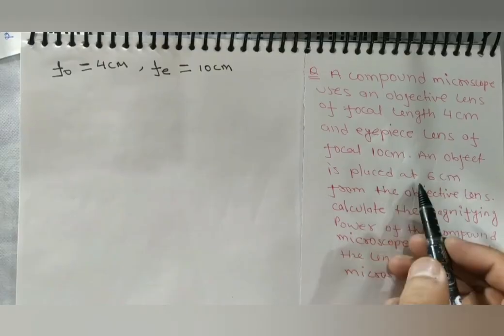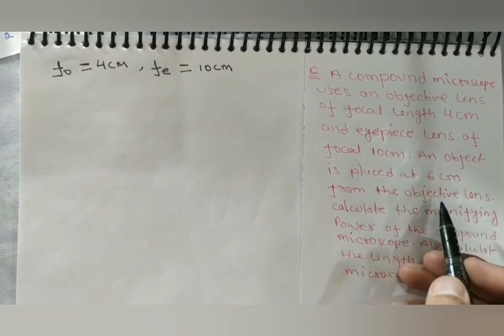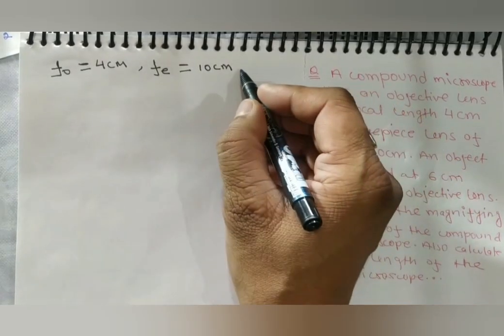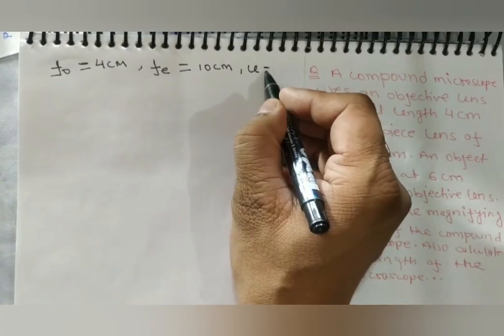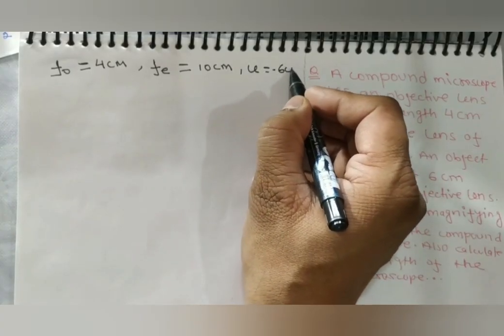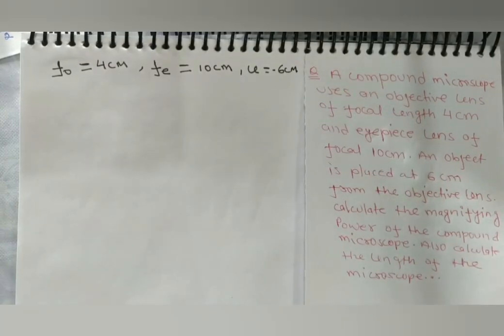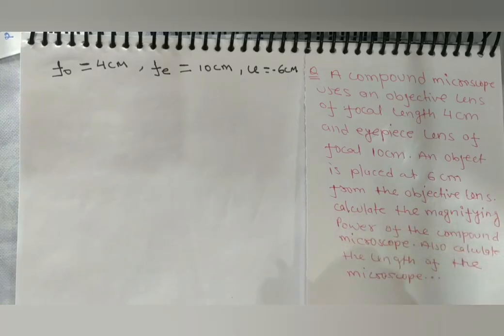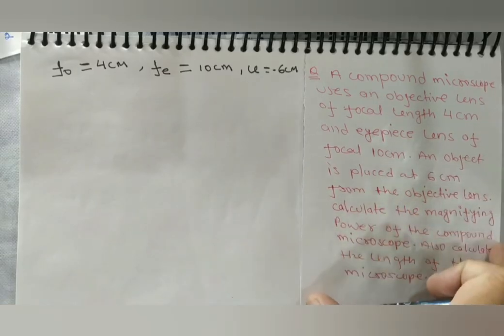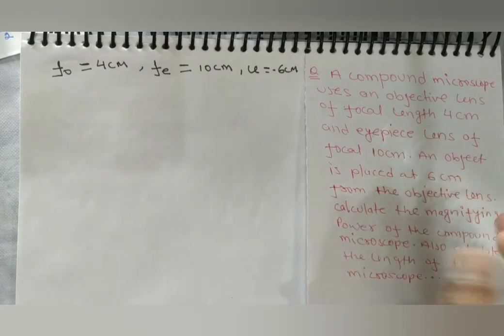Okay. Now an object is placed at 6 cm from the objective, that is U is given, and that will be minus 6 cm. Okay. Now calculate magnifying power of compound microscope. In this question, it is not clearly mentioned that we have to calculate magnifying power for a far point case or near point case.